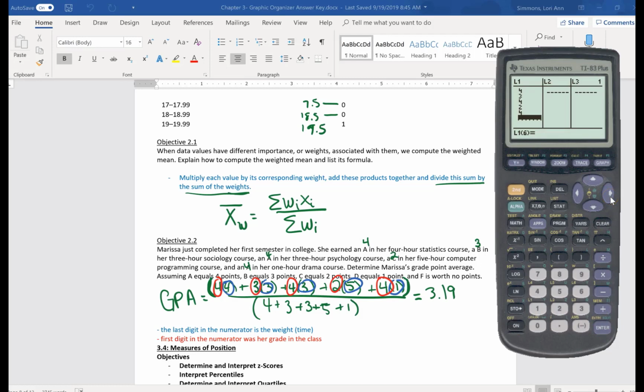And then the weights. So we're working with a 4, a 3, a 3, a 5, and a 1. So again, list 2 were the blue because those were the weights. List 1 were the grades.